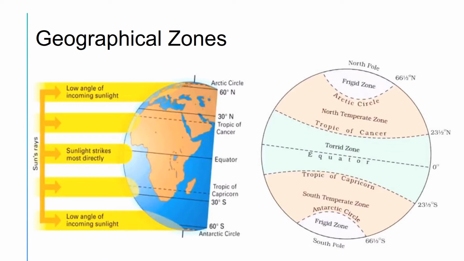So, sunlight strikes most directly. Sa ating Arctic and Antarctic, low angle of incoming sunlight. Okay? So, ito naman sa right side. Ang ating frigid zone, syempre yan yung north and south poles. Torrid zone ay ang ating equator or ang ating tropical zones.